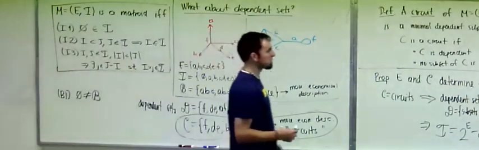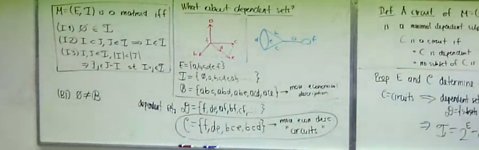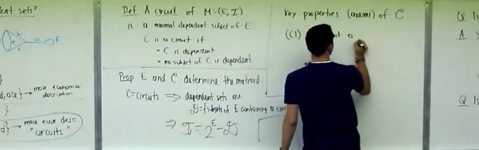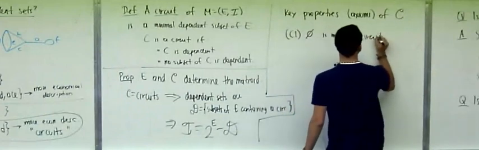So what would you say that the non-triviality condition is for circuits? The empty set better not be a circuit. Because if the empty set is a circuit, then everything is going to be dependent and you don't have a matroid. So the empty set is not a circuit.